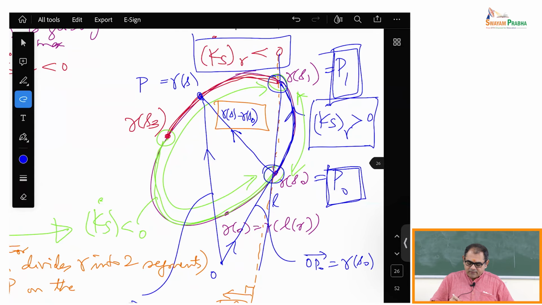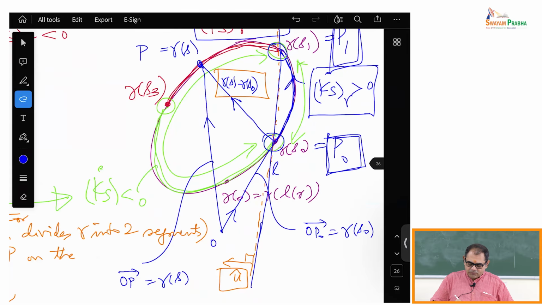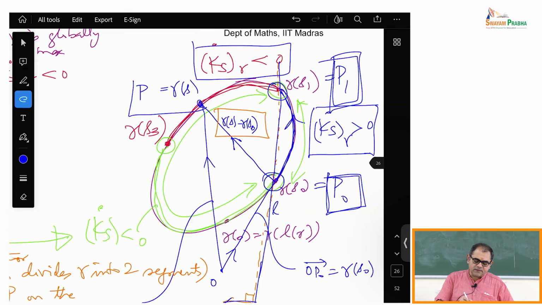And perpendicular to this line, you take this unit vector u cap, and then start looking at the dot product: for any point P on the curve, you take the vector P0 to P, which is just gamma s minus gamma s0, okay. You take that vector, which is actually this vector, and you dot it with this unit vector here, okay.